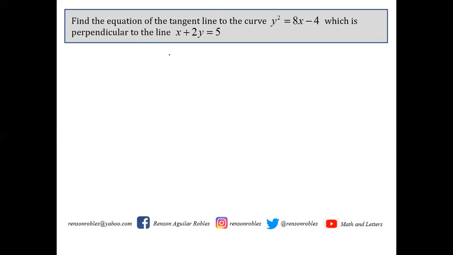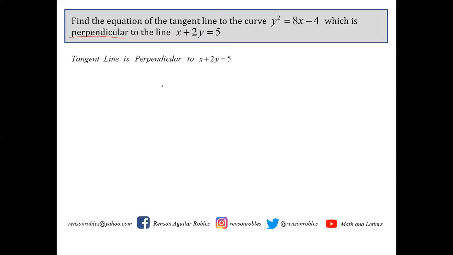Okay, so find the equation of the tangent line to the curve y squared equals 8x minus 4, which is perpendicular to the line x plus 2y equals 5. Our keyword here is perpendicular. Okay, so which means this tangent line is perpendicular to this line x plus 2y equals 5.